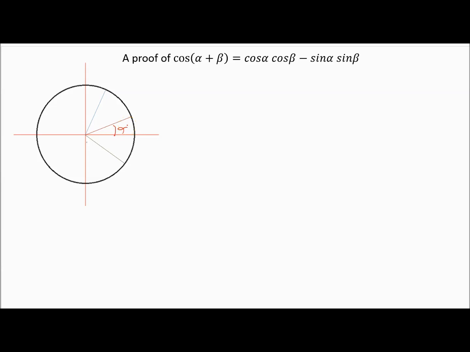And I called beta my bigger angle, so this angle right here is beta. Now, it may not be exact because I didn't measure this out, but this angle down here, the green one, is this same angle value of beta, but since it's going this direction, that's going to be negative beta.